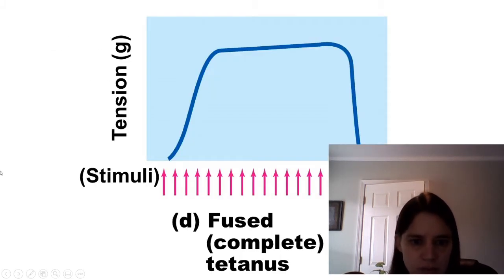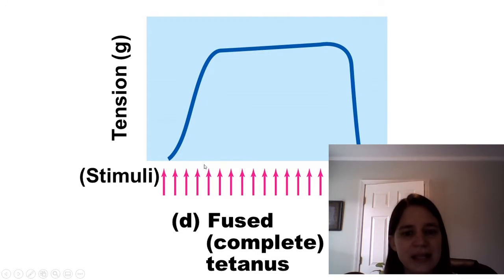It looks like one smooth signal, one smooth response, right? There's no relaxation, it just builds. But the reason this happens is because there are rapid enough nervous impulses that make that nice, beautiful curve. It's called tetanus.